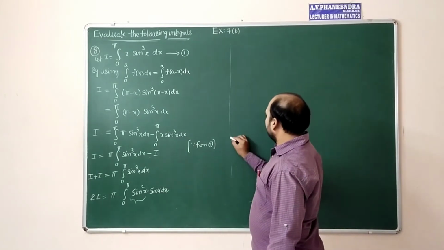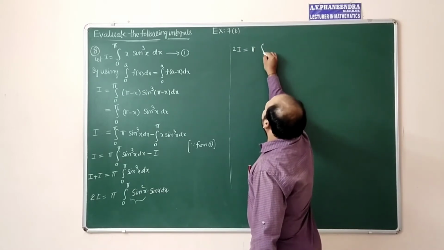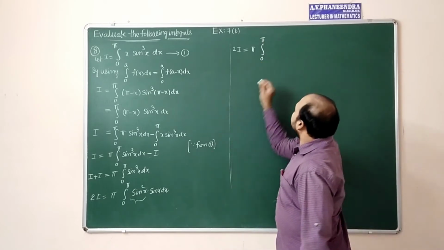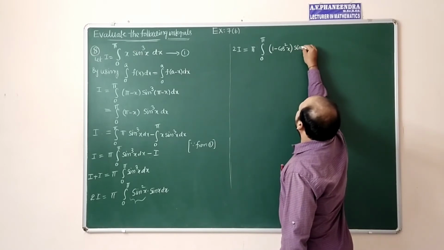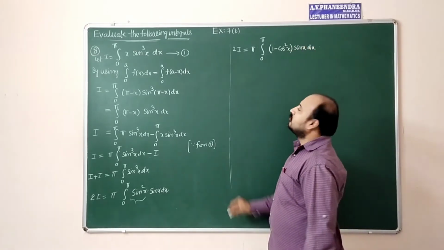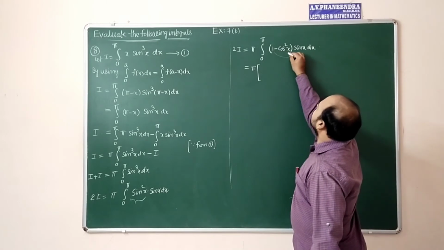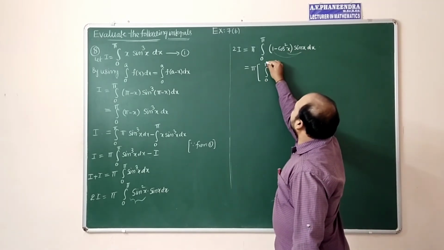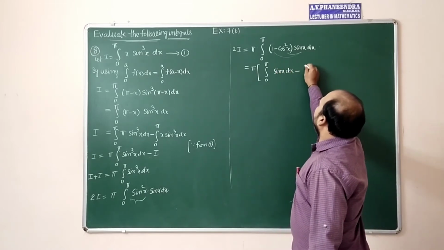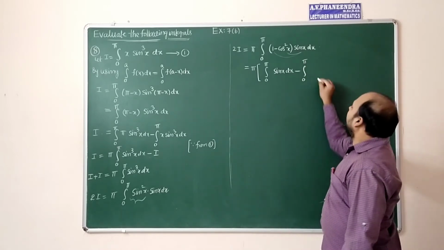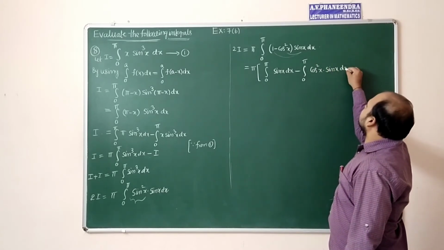So now 2I equal to pi into integral 0 to pi 1 minus cos square x into sine x into dx, which is equal to pi into, keep a bracket, integral 0 to pi sine x into dx minus integral 0 to pi cos square x into sine x into dx.